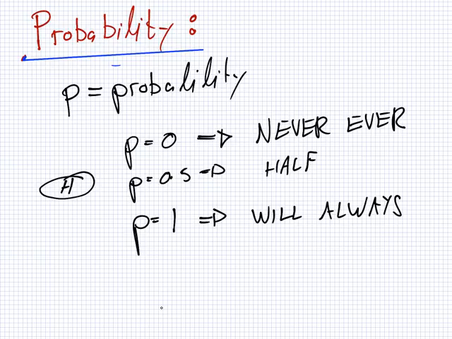Pretty basic. It's something that you'd already know from English. If you say something is very probable, what are you saying? Likely to happen. So you're saying it's near 1. And low probability would mean unlikely to happen, so near 0.